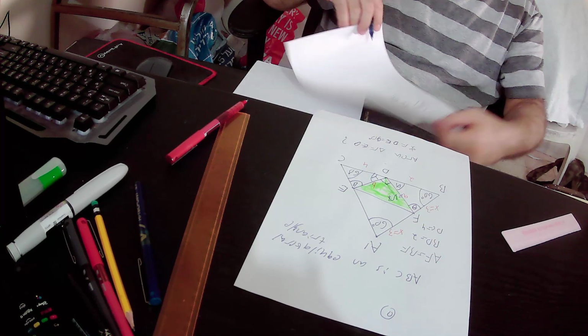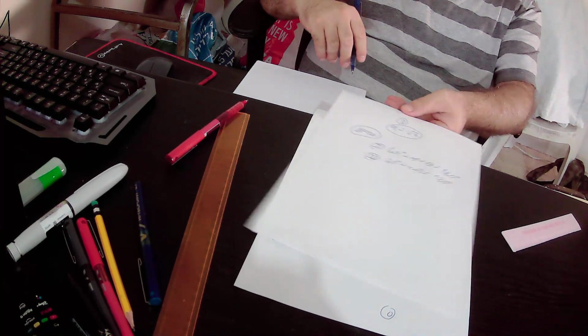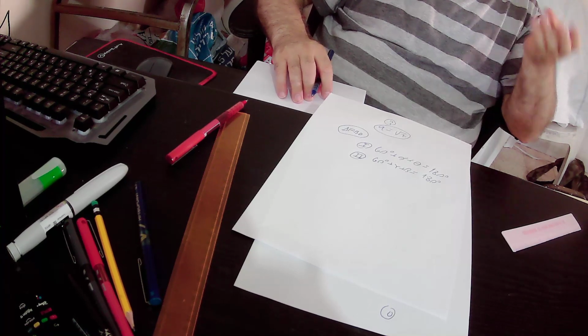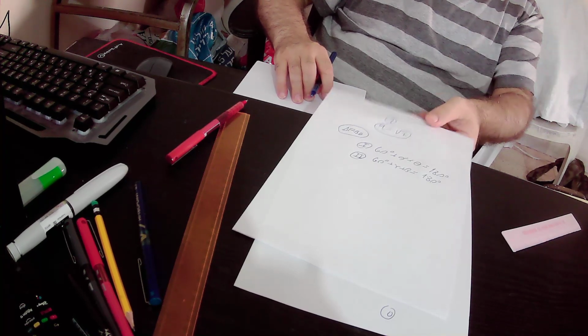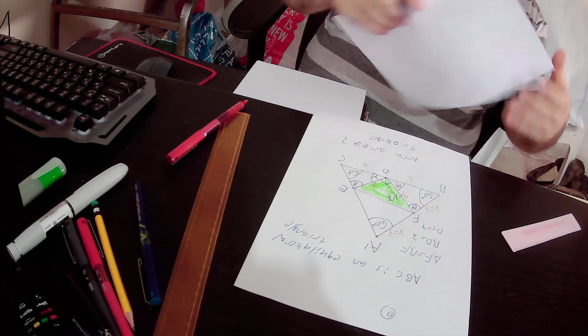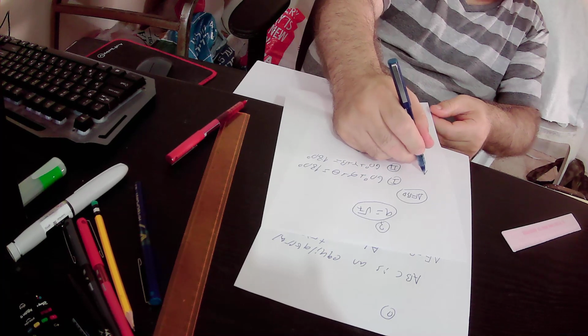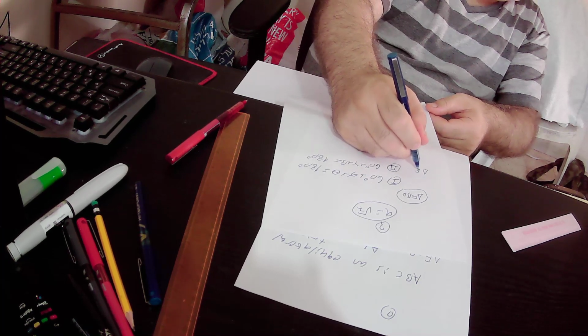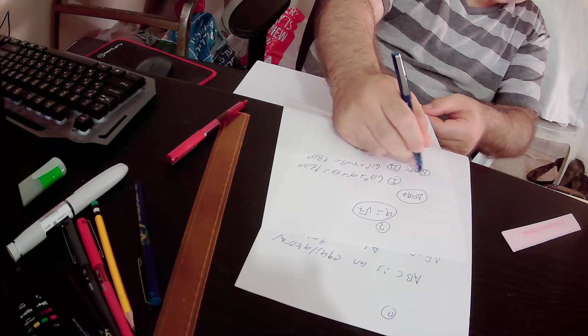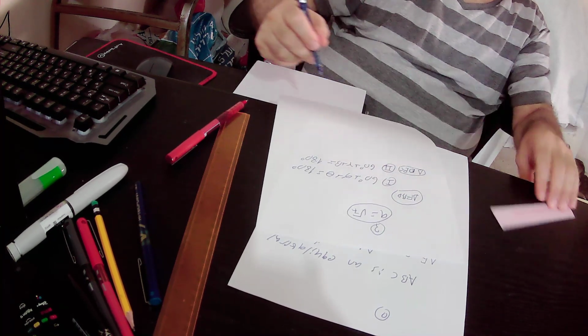So our second equation states that 60 degrees plus gamma plus beta equals 180 degrees, the sum of the angles in triangle DEC.